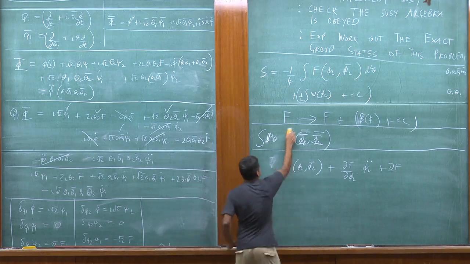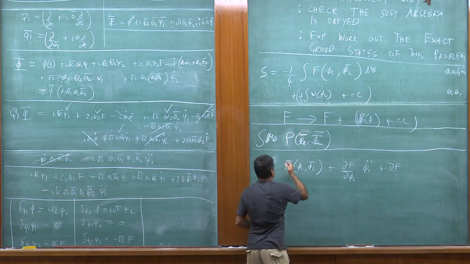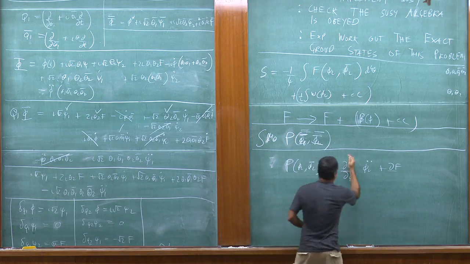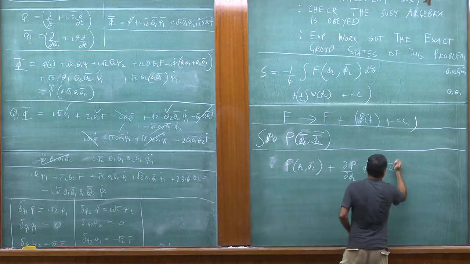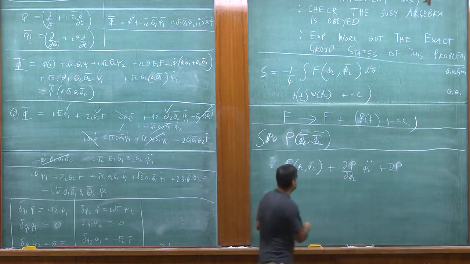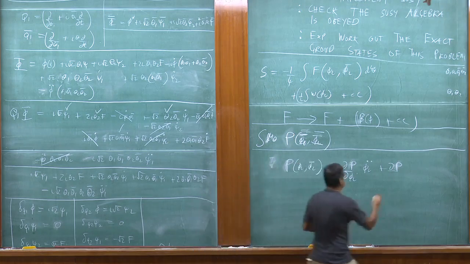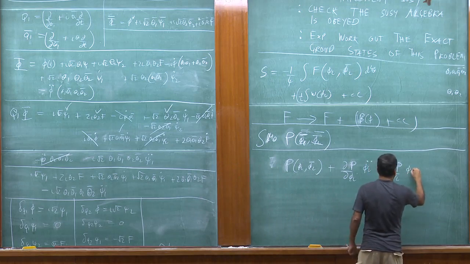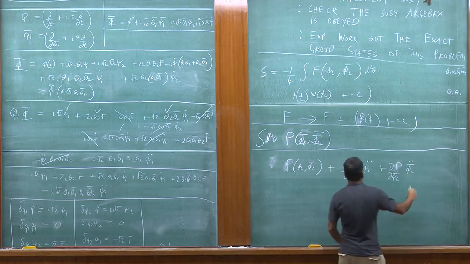Let's call it p, just for fun. Okay, plus del p by del phi I bar, phi I bar double dot.